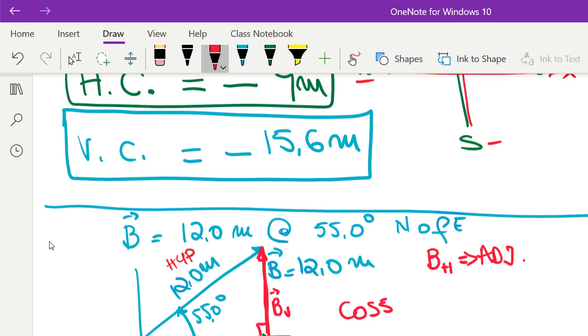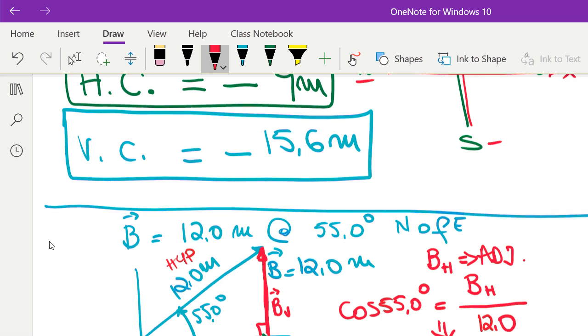So cosine 55 degrees is equal to the horizontal component of vector B over the hypotenuse, that is 12. From here, the horizontal component of the vector will be 12 times cosine 55.